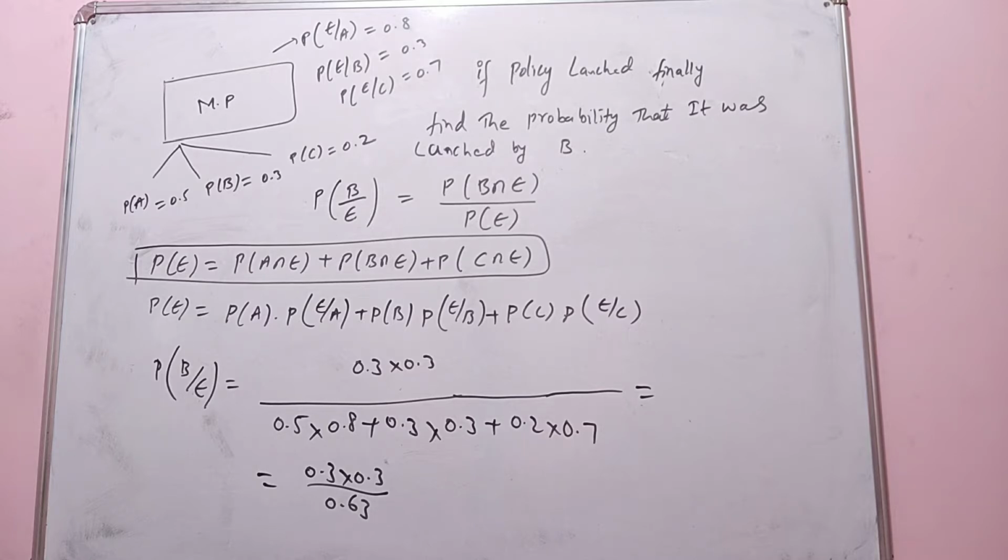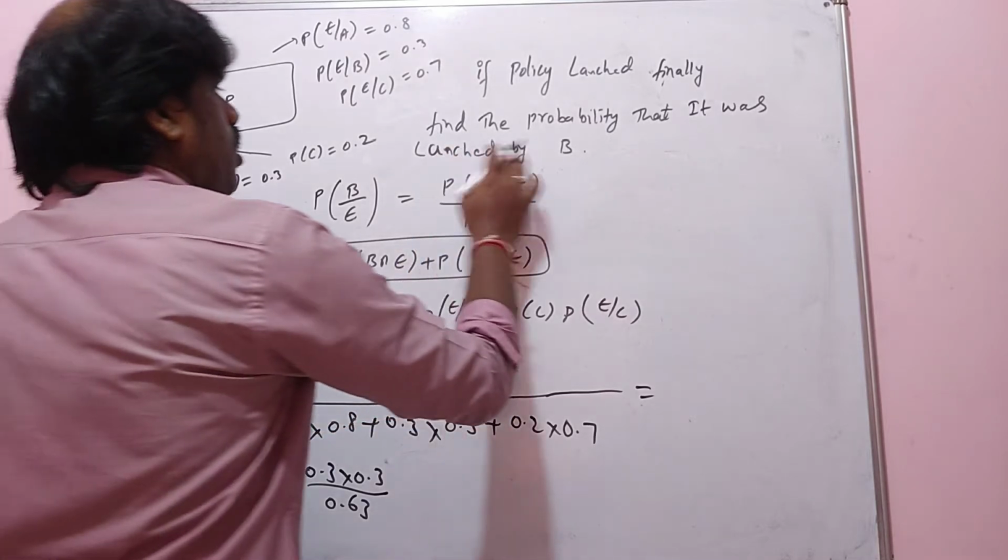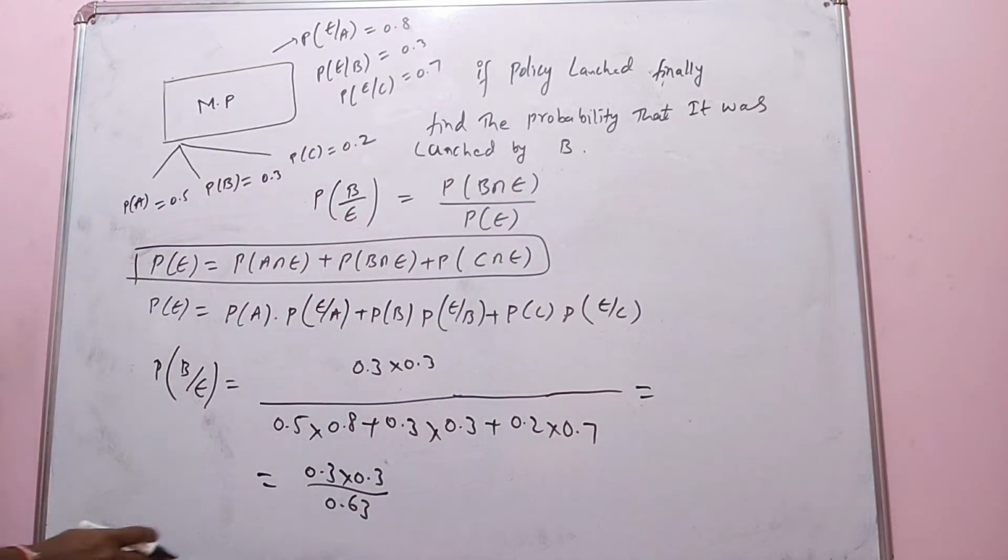Now if I change the question, that is, if somebody asks the probability that it was not launched by C, what is the probability that it was launched by B, this is the way we will do it.